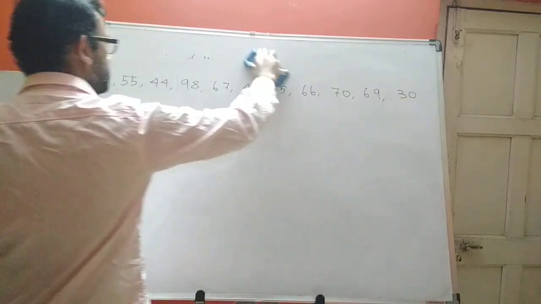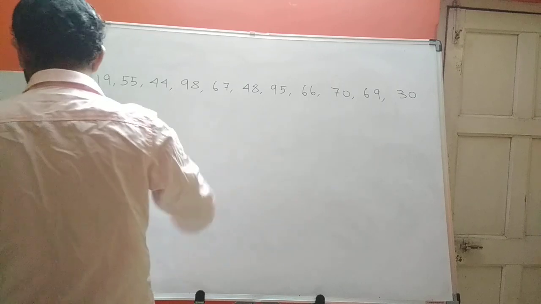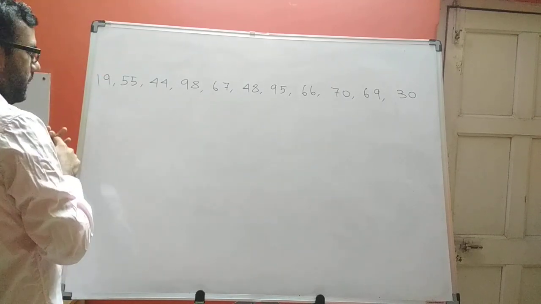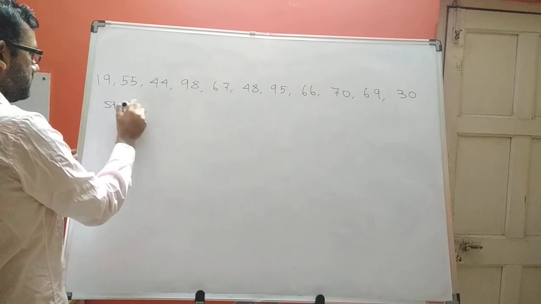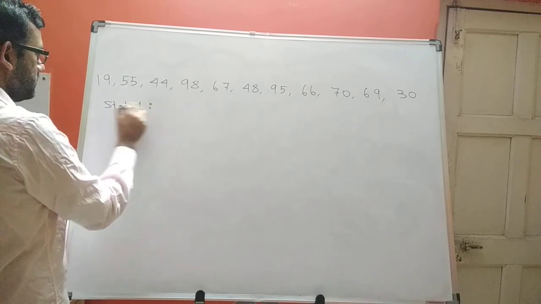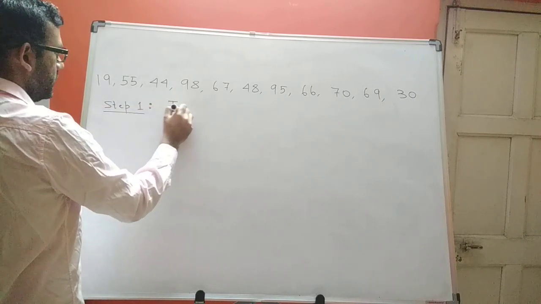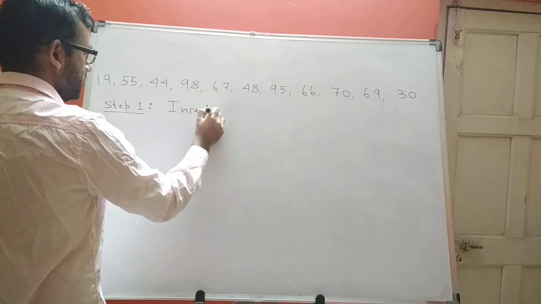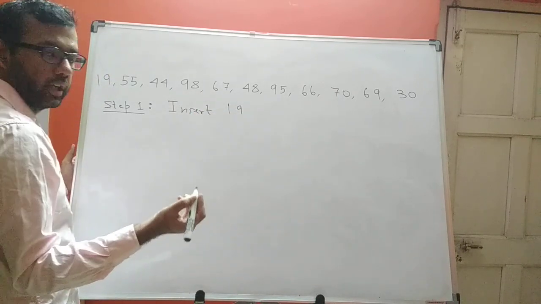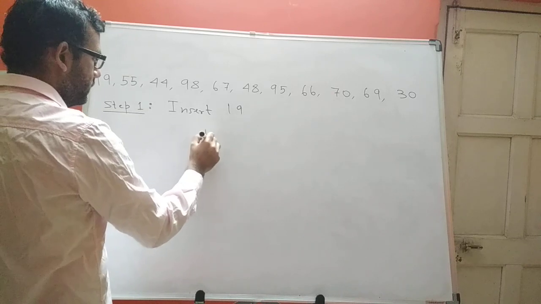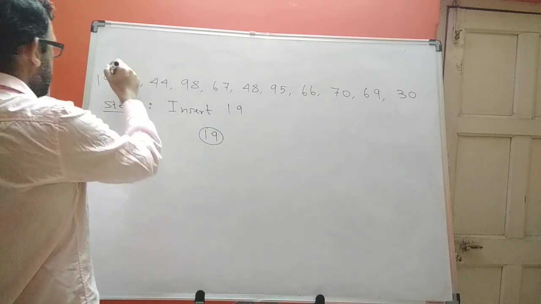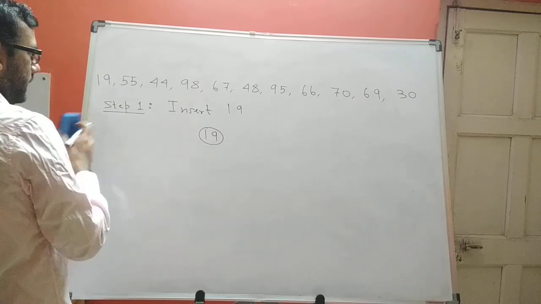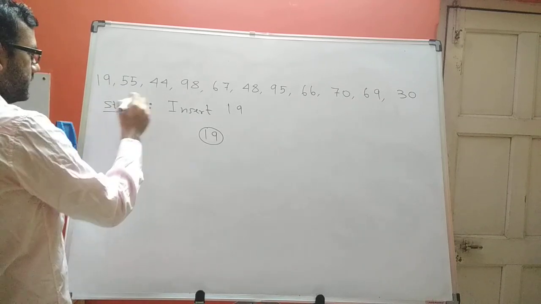So the first node that I have is, so step number 1. So step 1 is, insert 19. Okay, so that's trivial. You're trying to insert into an empty max heap. So 19 goes in. Now step 2. So I hope you're drawing the diagrams separately.